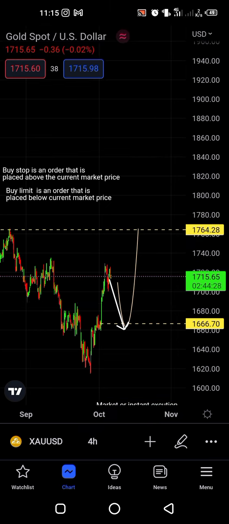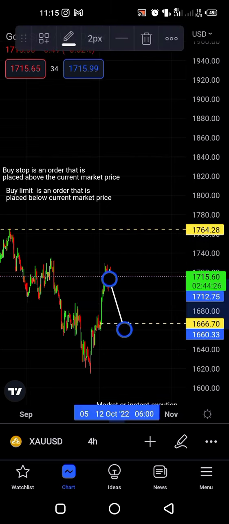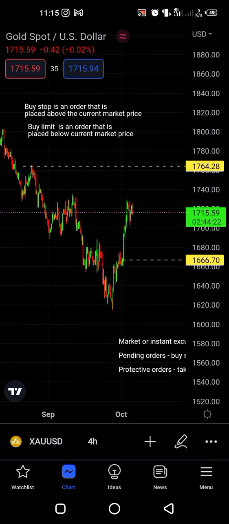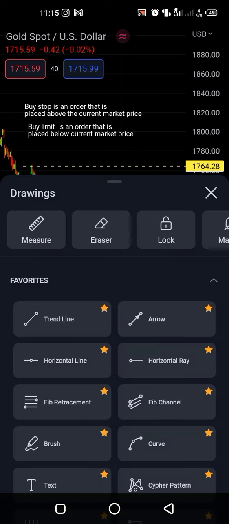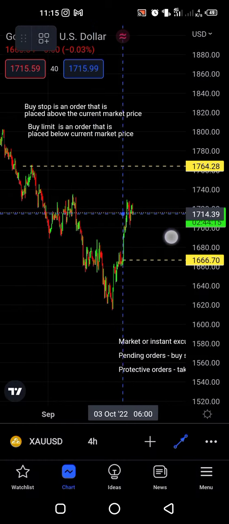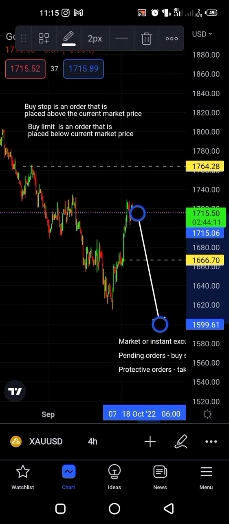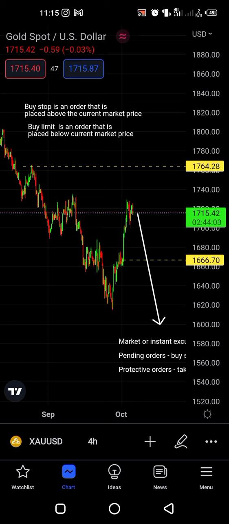Now let's talk about the sell part. A sell order is an order that you place predicting that the market is going to go down. If you're predicting that the market has gotten to a point where it should go down, then you're going to be placing a sell trade.